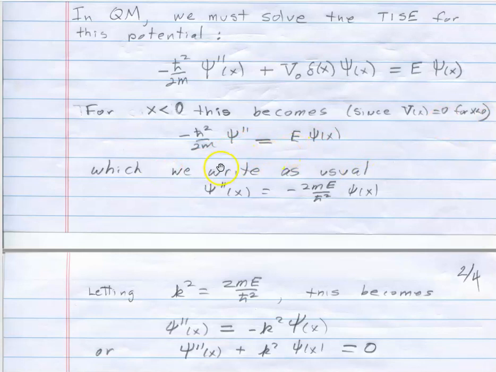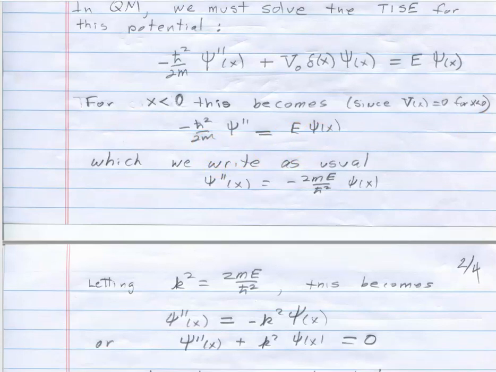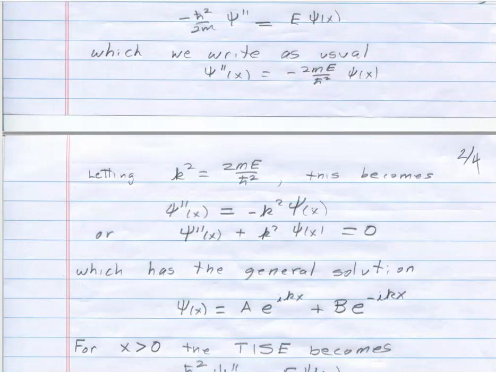Again, I'm assuming I've launched a particle of mass m in with an energy E, and pull all the constants over to the right-hand side. 2mE over h bar squared, those are all positive constants. So I simply lump those together into a k squared, to indicate I have knowledge that that's positive.